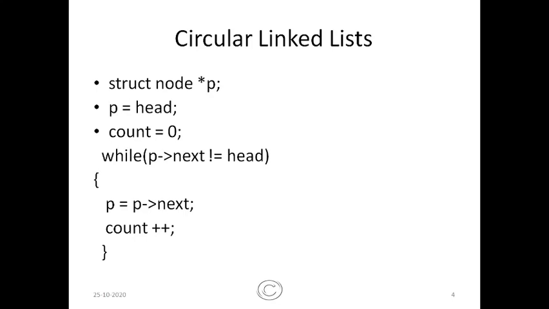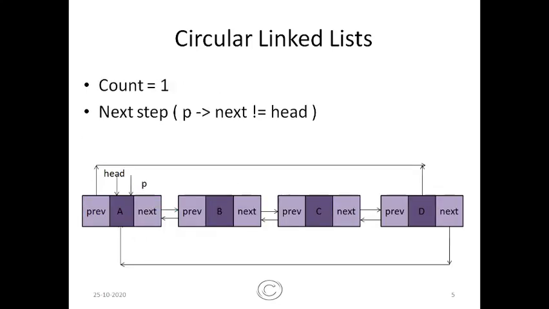Using the next address, the next link, we will traverse till the last node and simply count, just as we have done in the single linked list. We will move forward using p equals p next, and then count will be incremented as count equals count plus 1.